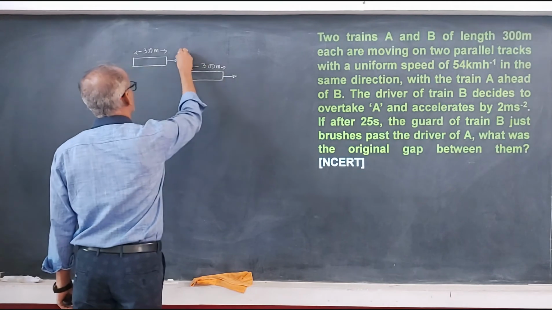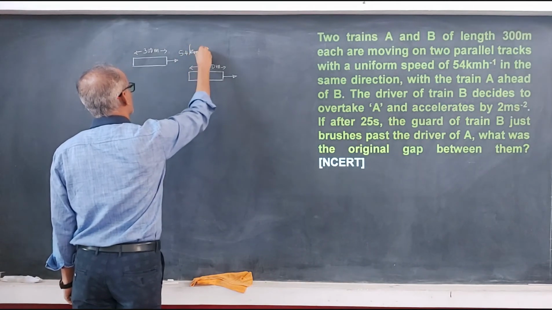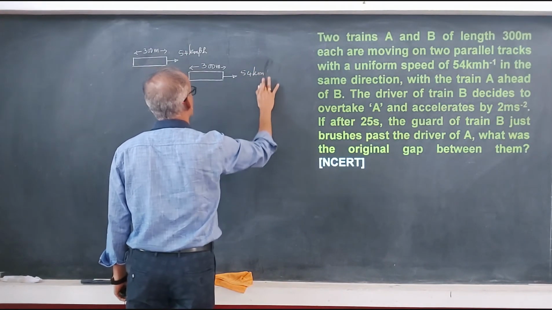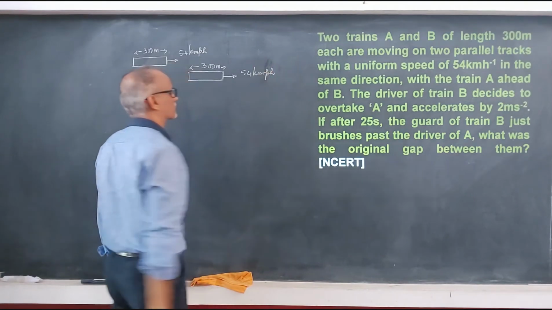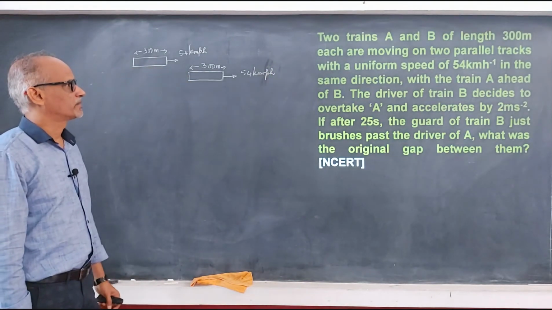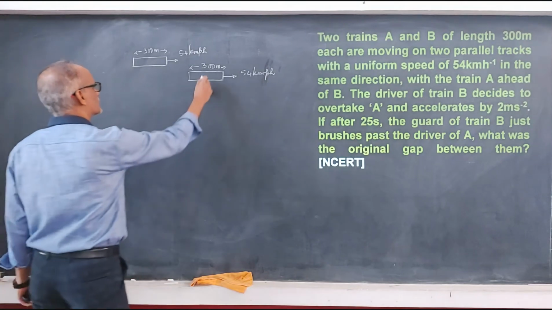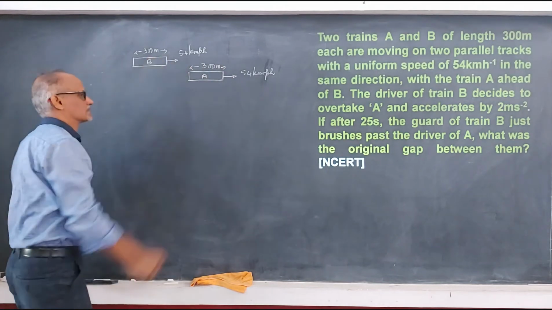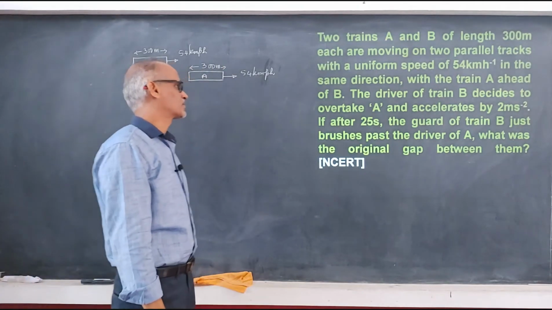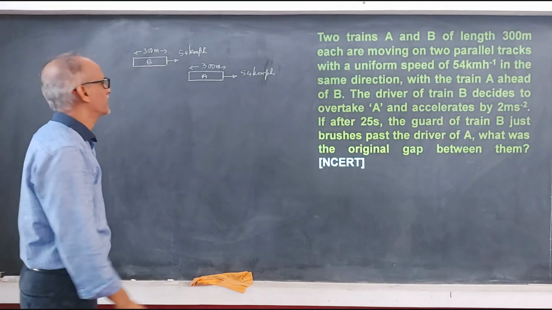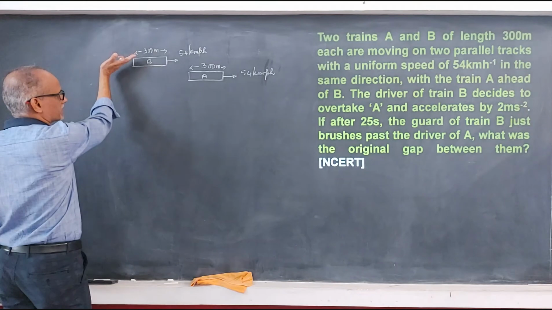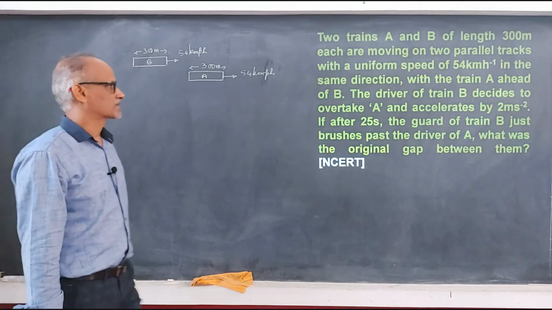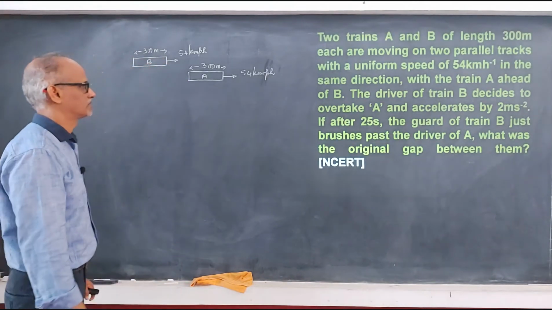Their speeds are 54 kilometer per hour in the same direction, with the train A ahead of B. So one train is ahead, in front, and the other is at the back, B. The driver of the train B decides to overtake A. Since B is behind, he wants to overtake train A and accelerates by 2 meter per second square.